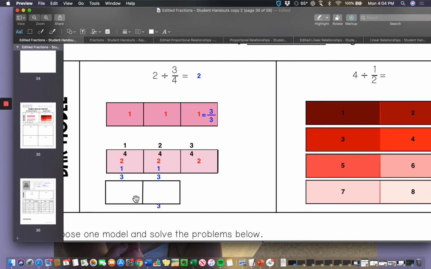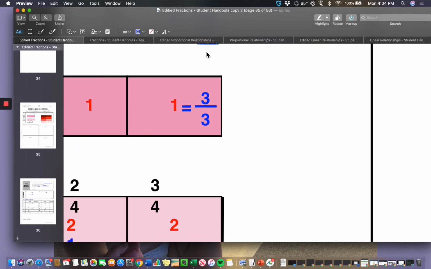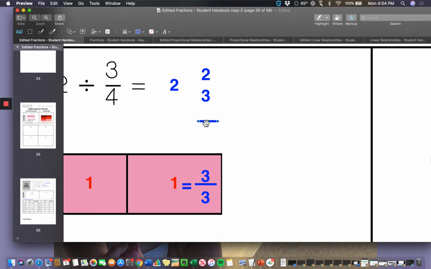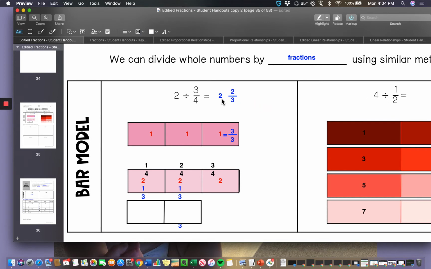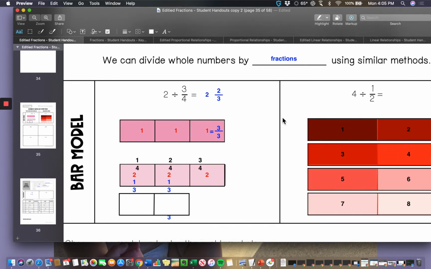And then I had an extra set down here that was 2/3. So my answer for that one is going to be 2 and 2/3. The whole number 2, it's a mixed number, 2 and 2/3.